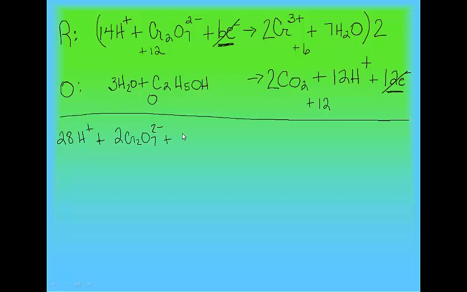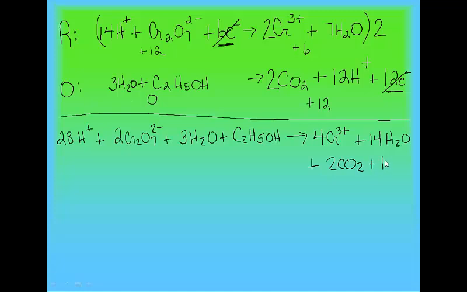Don't rewrite it. 3 waters from my oxidized. My arrow. 4 chromiums. 2 times 7, that's 14 waters. 2 carbon dioxides, and 12 hydrogen ions.